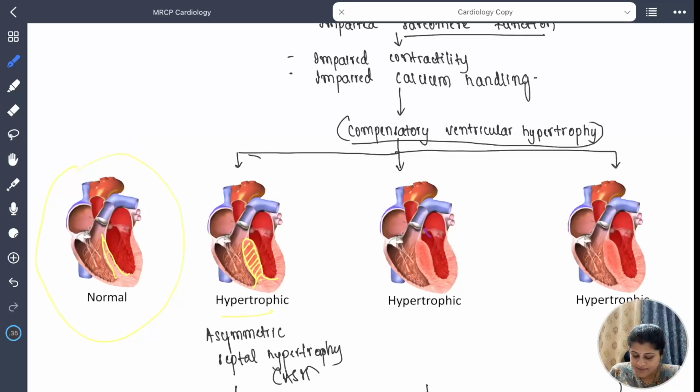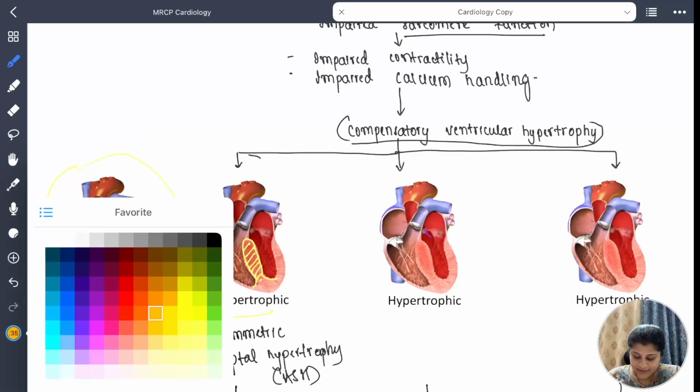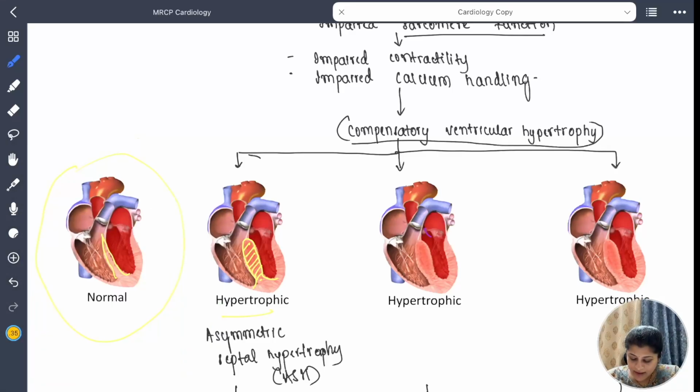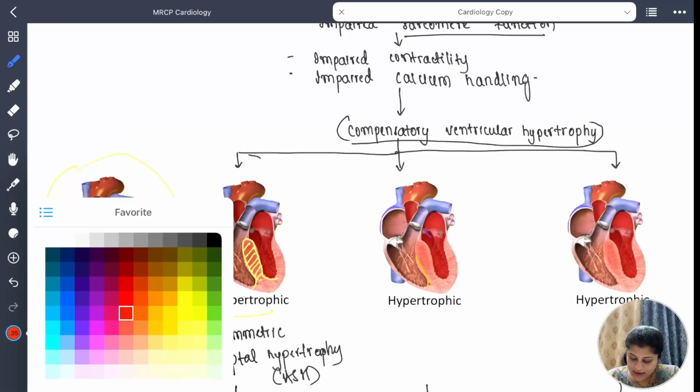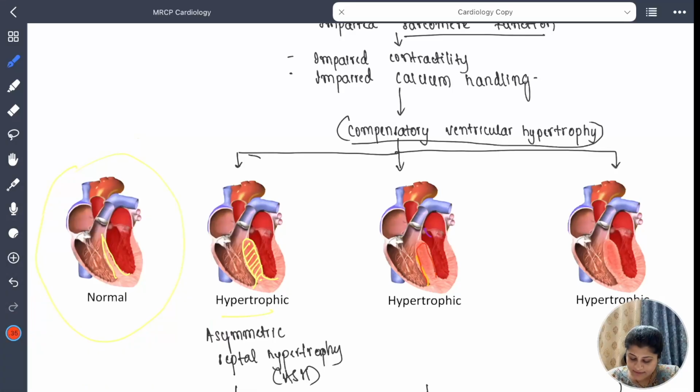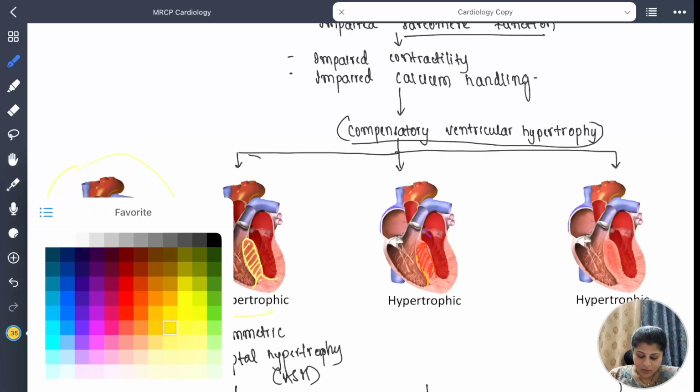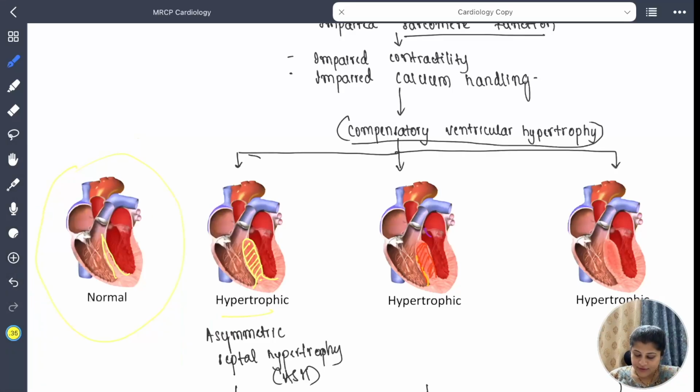Now let's come to the third image. This is the interventricular septum, and there is thickening of the interventricular septum. Just near to the interventricular septum, you can see the left ventricular outflow tract.